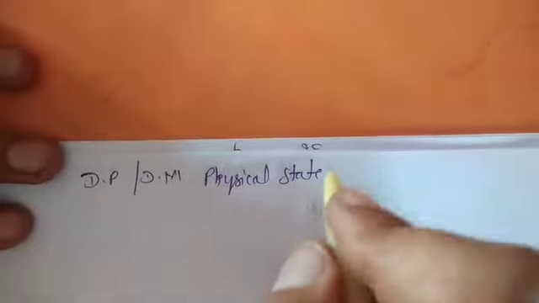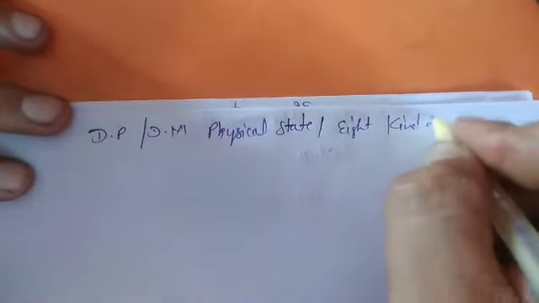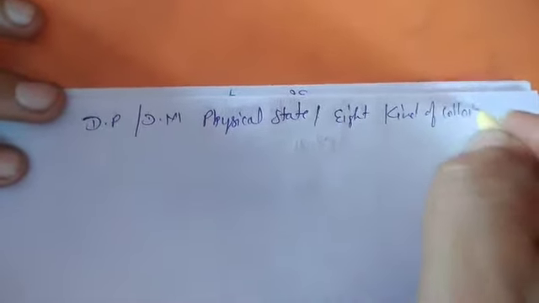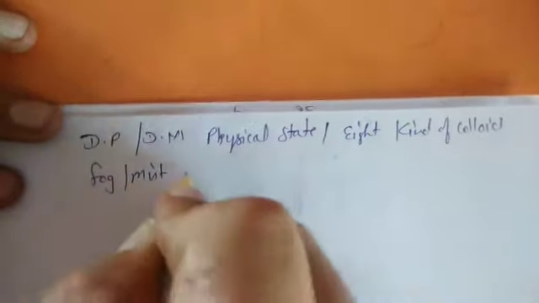On the basis of the physical state of the dispersed phase and dispersed medium, eight kinds of colloids are possible. First we will discuss fog and mist. You have seen these.